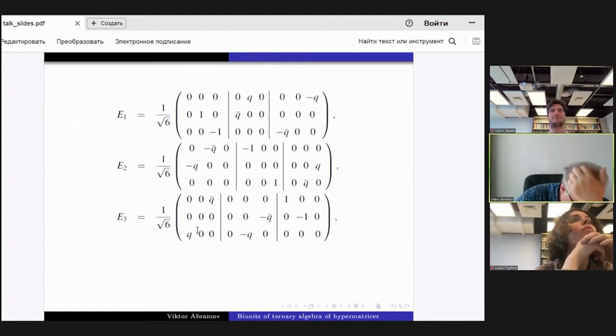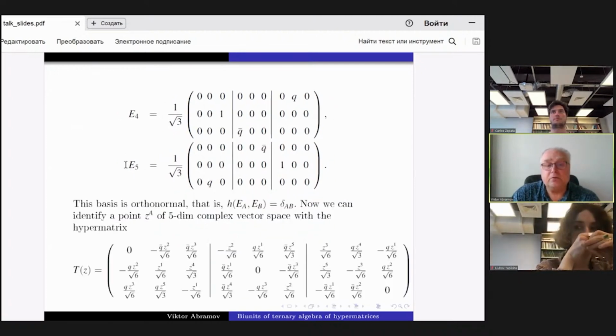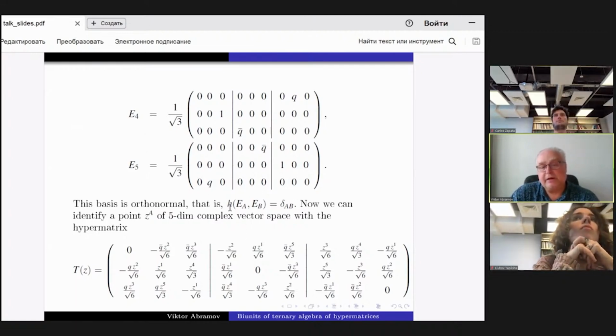I will say one more time that I consider the space of q-cyclic traceless hypermatrices. So trace over any pair of indices is 0, and they satisfy this transformation rule that cyclic permutation multiplies by q. So this is a 3 and 2 more hypermatrices, this one. So, and this basis is orthonormal. So if I calculate the Hermitian product of these matrices, this is Kronecker delta.